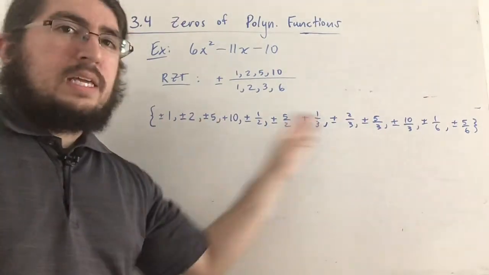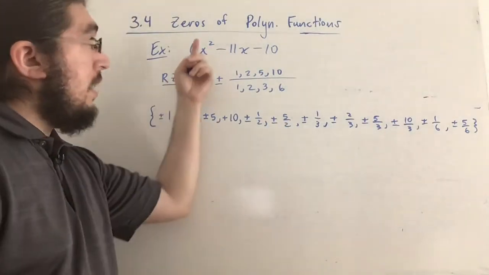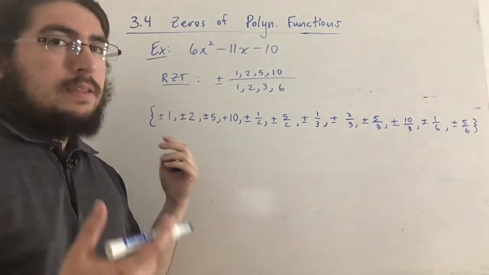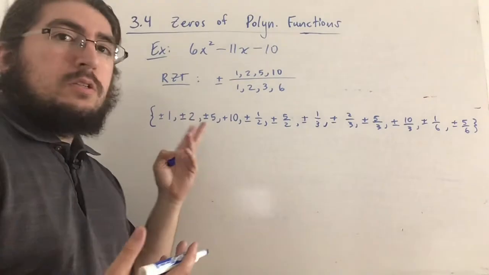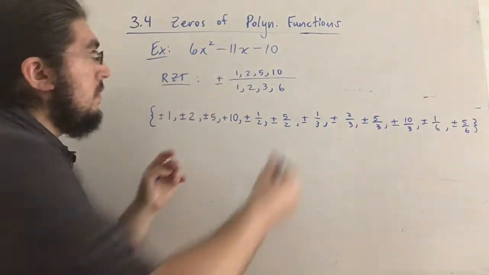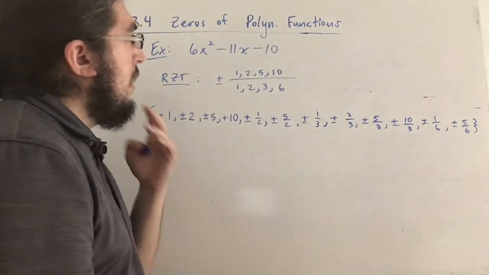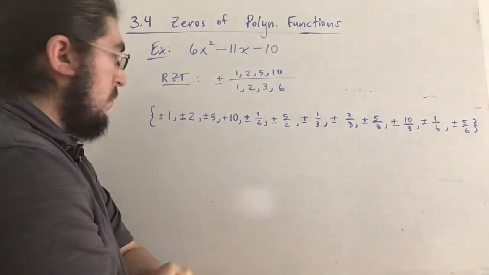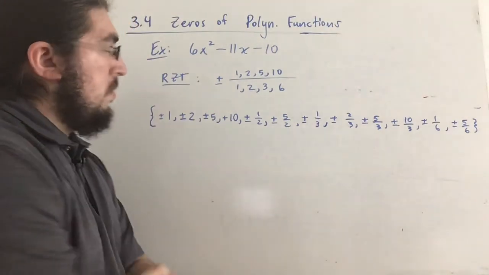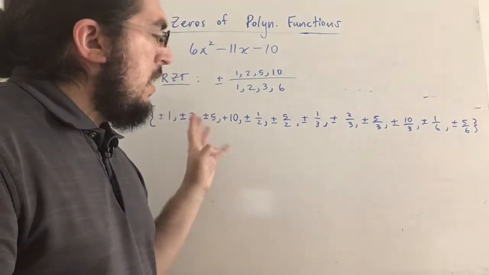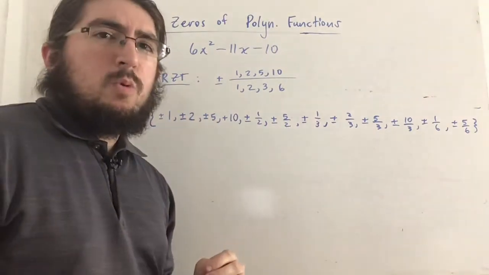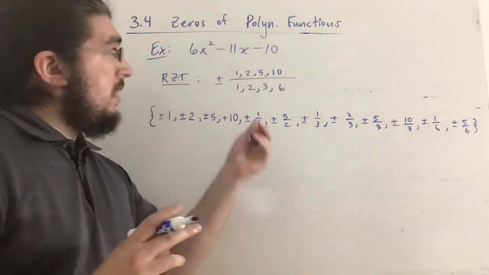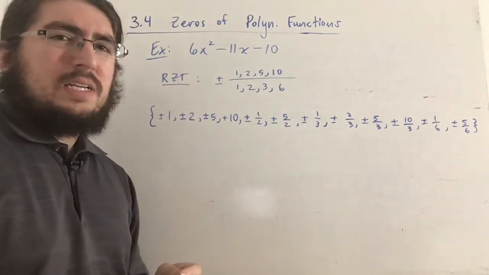So one of these, or maybe more, in fact, at most 2, because the degree is 2, and by FTA, there are 2 solutions to this equation being equal to 0. So let's move on then. What do we want to do? Well, I guess we want to actually plug these in and see which ones work. I'm going to use synthetic division because if you were to plug it in, you could do that, but it's going to take a long time.